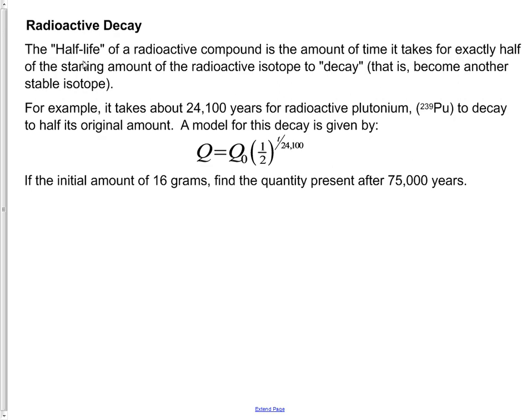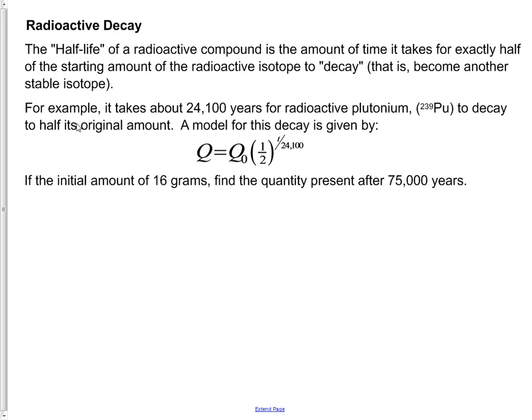Well, that's the amount of time it takes for some radioactive isotope, and most people think of things like radioactive uranium or radioactive carbon or one of those other unstable isotopes of a compound, to decay. That is, it becomes a more stable isotope by either gaining an electron or losing an electron or something like that. All right.